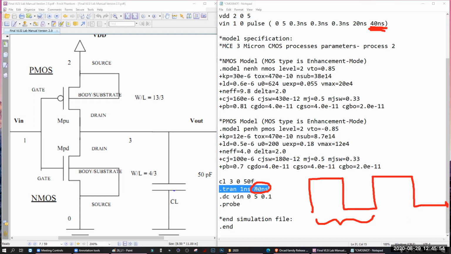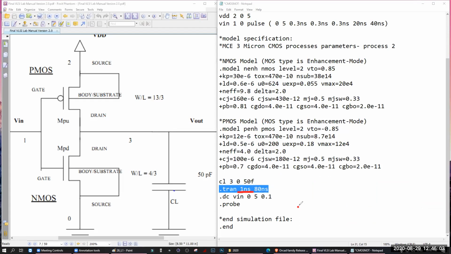We want to see 2 cycles, that's why 80. What about 1 nanosecond? 1 nanosecond is the sampling rate. That means after how much time it will take data and plot the graph. This is a sample rate, so nothing important.